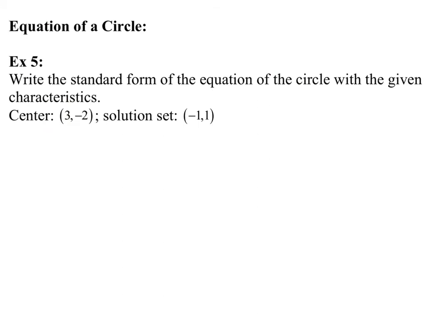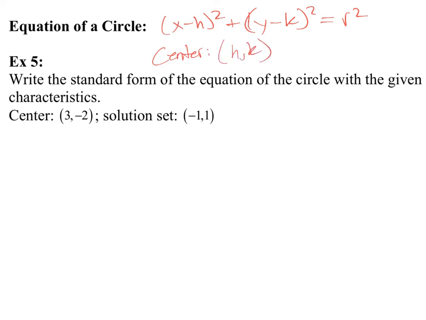All right, equation of a circle. What is it? (x minus h) squared plus (y minus k) squared equals r squared. Okay, and the center of the circle is (h, k), and the radius is r.